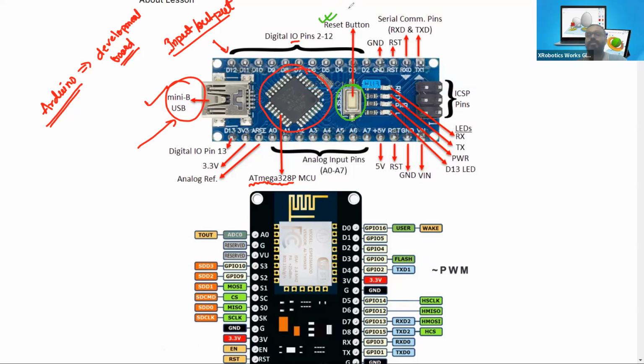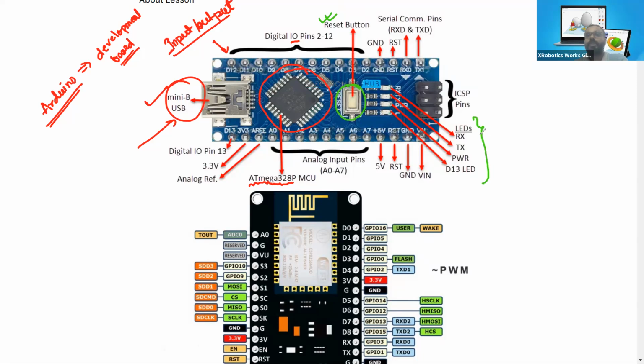Sometimes it malfunctions or behaves differently because of the environmental conditions, the temperature it is exposed to, and so many other aspects to consider. So the reset button comes in handy to reset the entire program. Means the time when we press the reset button, it will execute the code from line one again and again, each time we press it. So it helps us reset the program to the initial base. We do have different LEDs mounted on the boards as well.